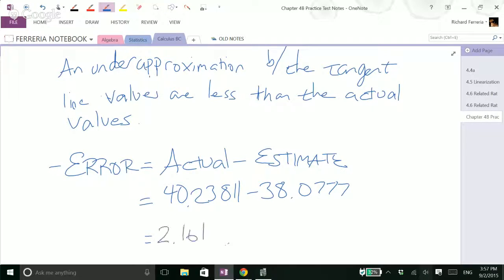Hang on, my computer just took a dump. 0.777, right? And what's the error? That's my error. If you do fractions, you get a little different. What do you get? 2.60222.